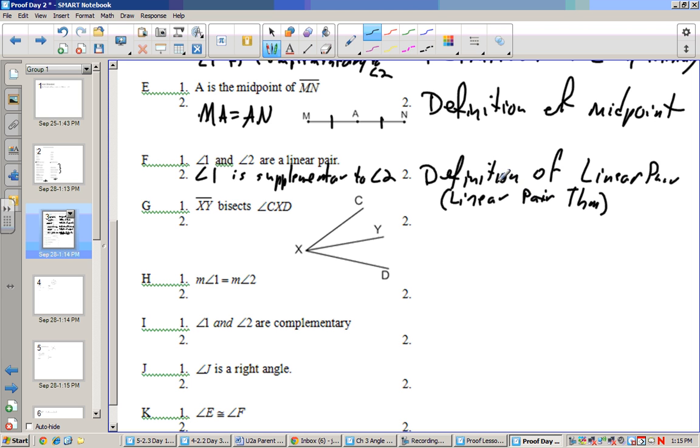Both those would be acceptable, the definition and the linear pair theorem. Now, if I know XY bisects this big angle, I could say the measure of angle CXY is equal to the measure of angle YXD. And that's the definition of bisector.